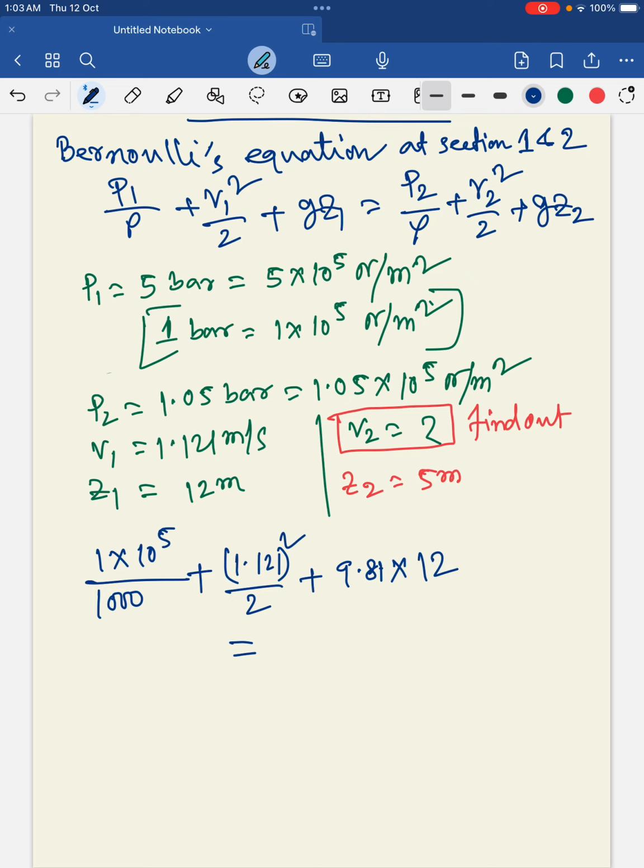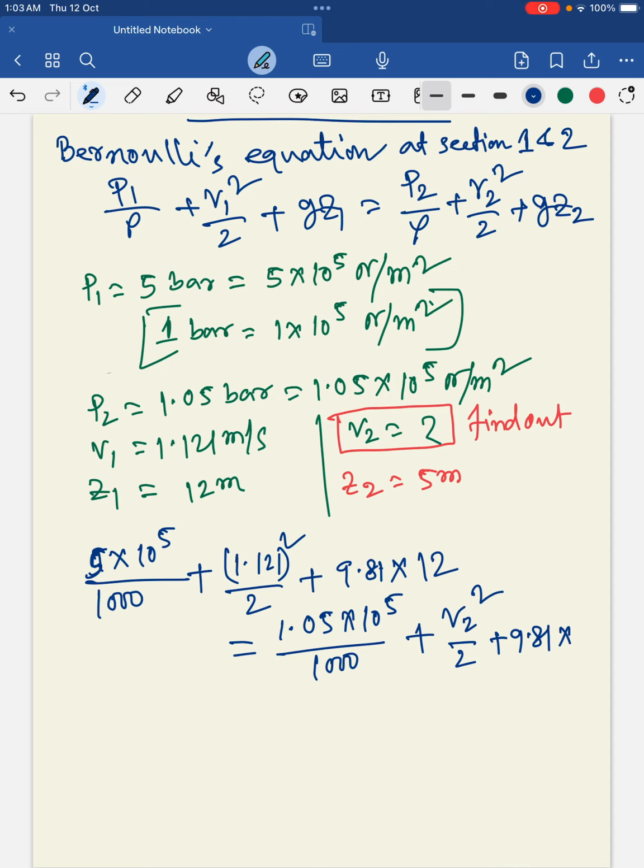so this is not 1, this is 5, right. P2 is 1.05 into 10 to the power 5 by 1000. Then V2 square by 2 we have to calculate, and then g Z2, 9.81 into Z2, which is given, that is 5.